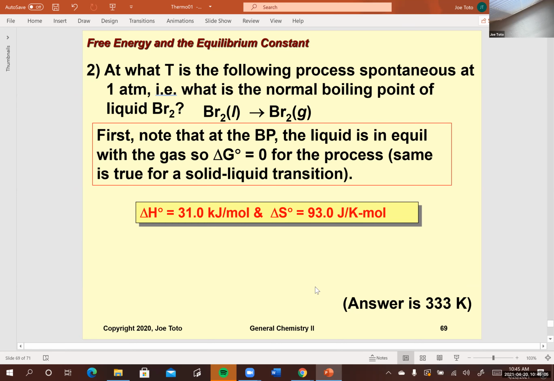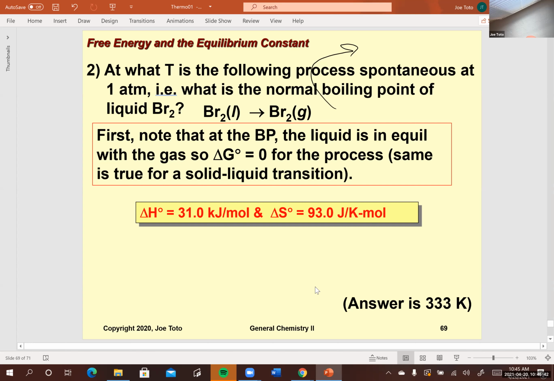Now this question goes back to the transition temperature type problems. So it wants to know, at what temperature is the following process spontaneous at 1 atmosphere? What's the normal boiling point of liquid bromine? So here they want you to find the normal boiling point. That's the boiling point under standard conditions.